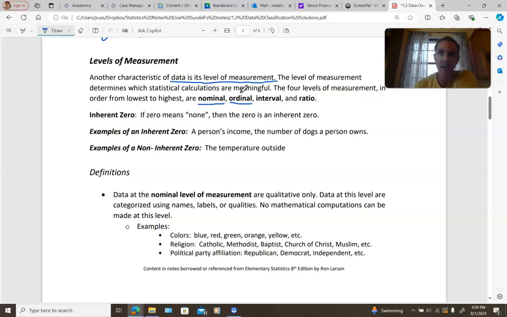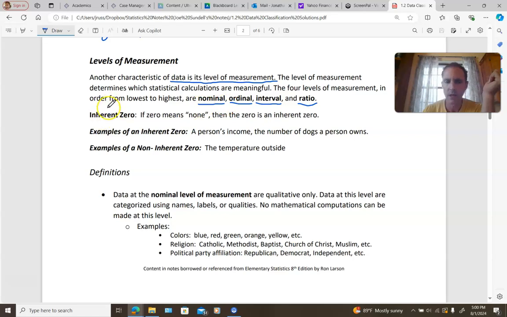If you have some data and all you can do with it is put it in order, that's a little more complex than nominal. The next one is interval. With interval, not only can you put the data in order, you can actually subtract the data, and those differences can be meaningful. And finally, the most complex is ratio. We'll look at this in a minute.